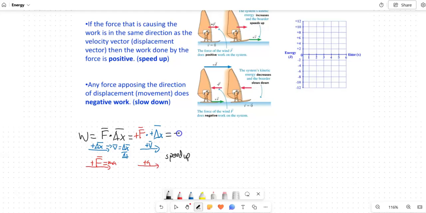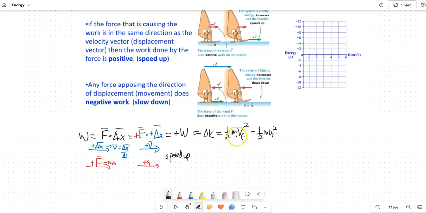That's going to be equal to a positive work. Since work is equal to a change in kinetic energy, kinetic energy final minus kinetic energy initial, that final velocity, in this case, if it's speeding up, is going to be larger than the initial velocity.